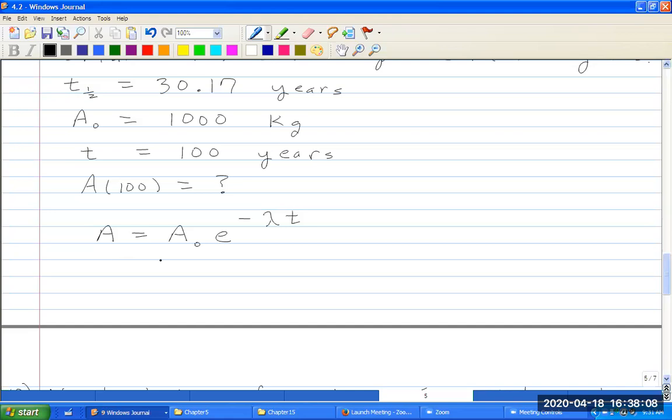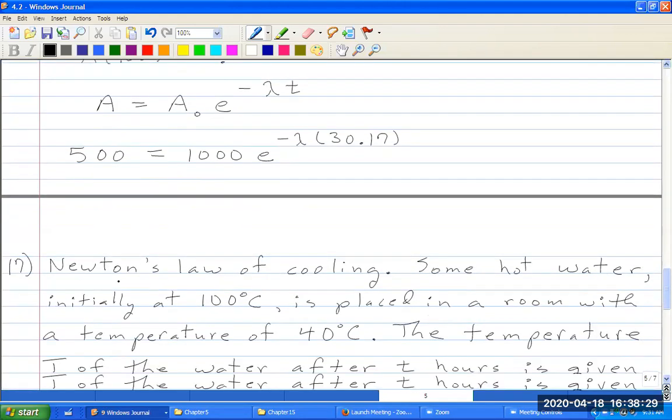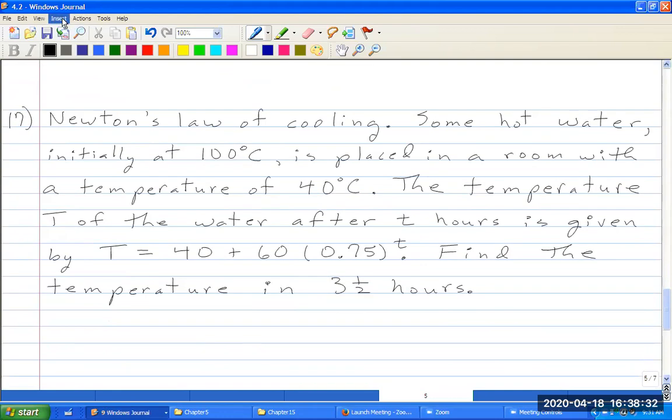So suppose you start out with 1,000 kilograms, and it takes 30.17 years for you to decay to 1/2 of that, to 500 kilograms. Let's determine λ.